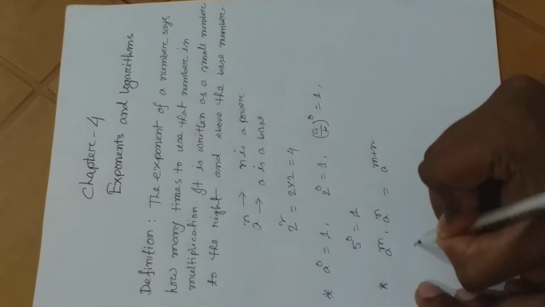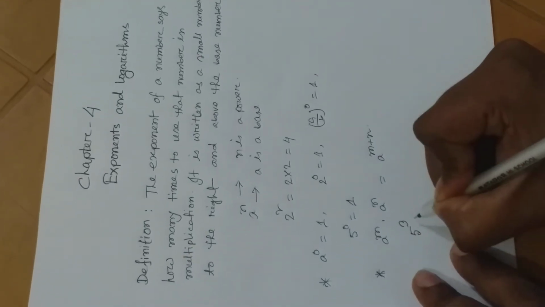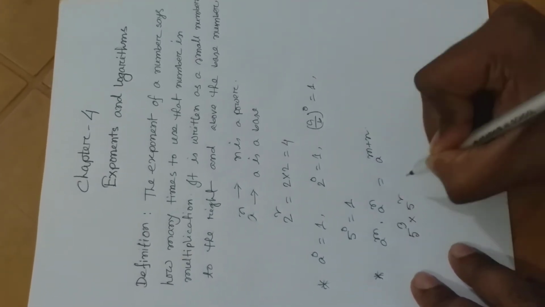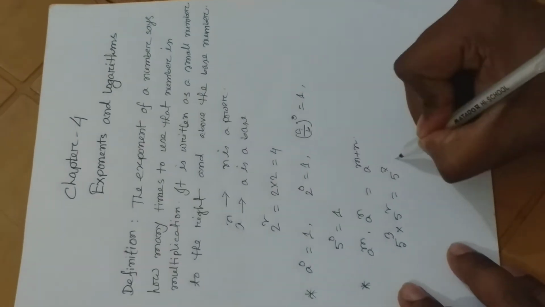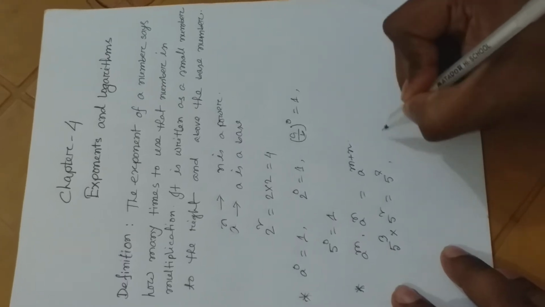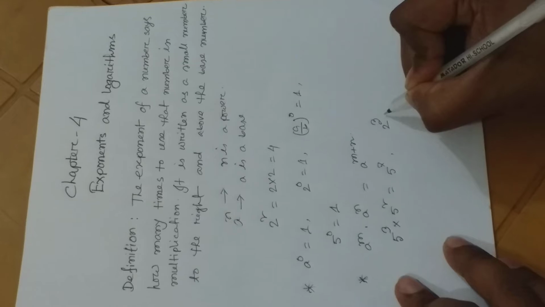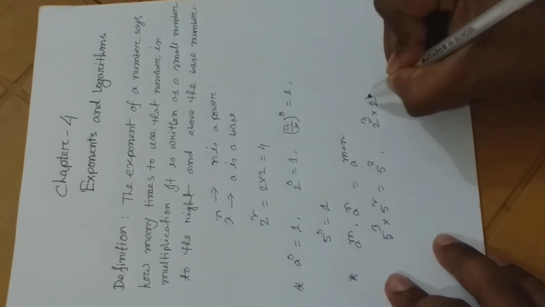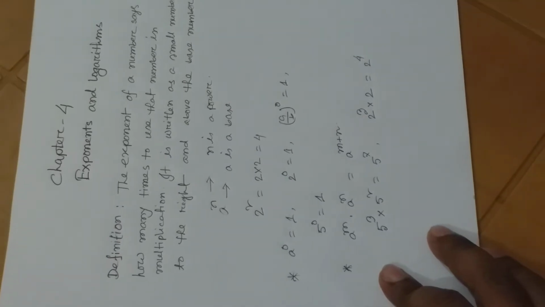An example, 5 cube into 5 square, the result will be 5 to the power 7. Again, 2 cube into 2, the result will be 2 to the power 4.